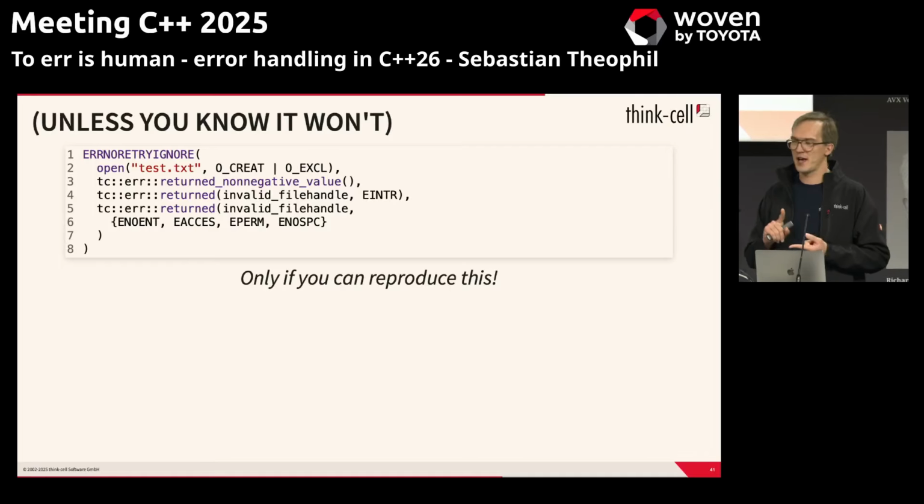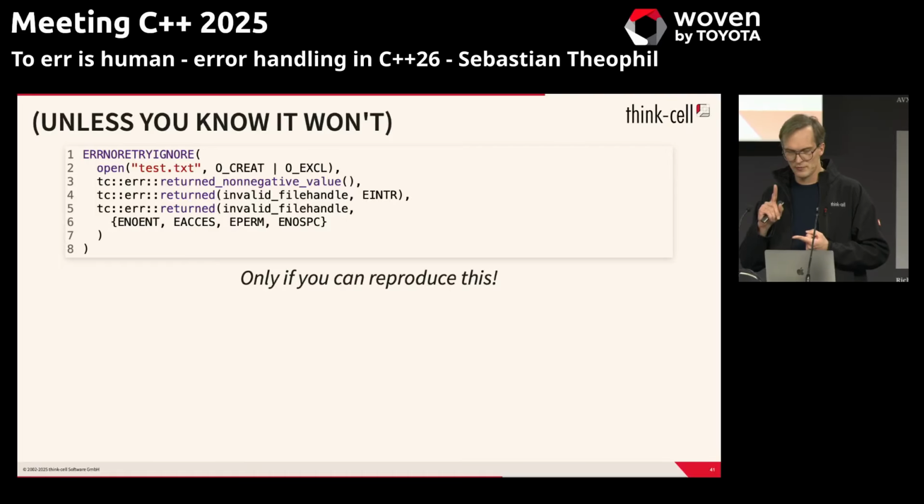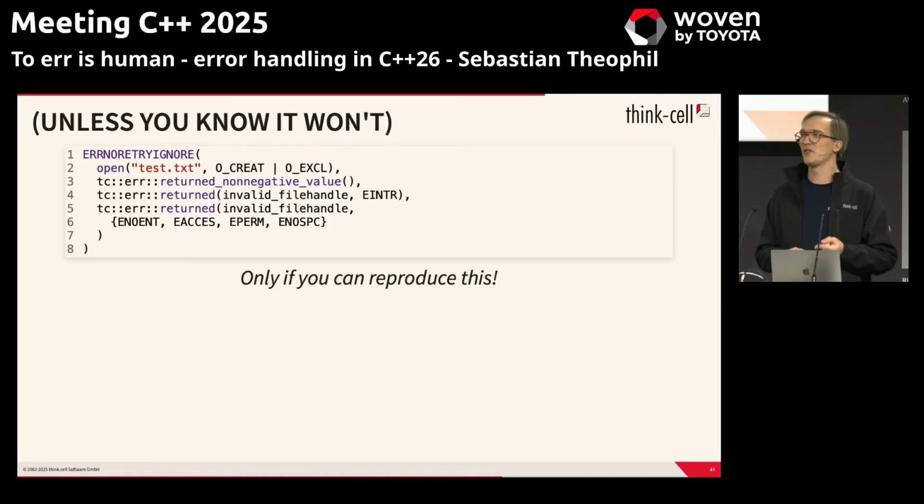Opening a file has several different scenarios. If open file returns a non-negative value, that's a success case. That's a file handle. Cool. It might return an invalid file handle and set EINTR. That's the case where I have to retry. So keep retrying. And then there are the cases where I know these can happen because they're just expected situations.